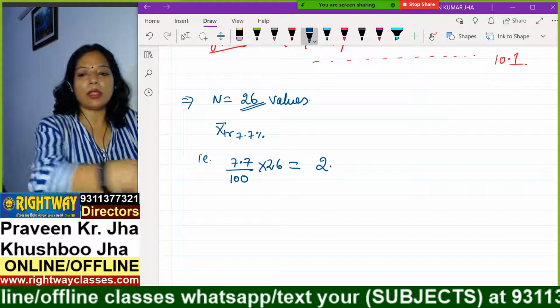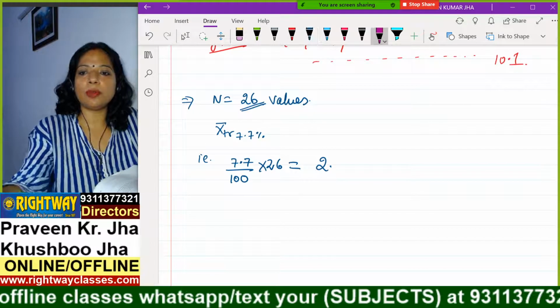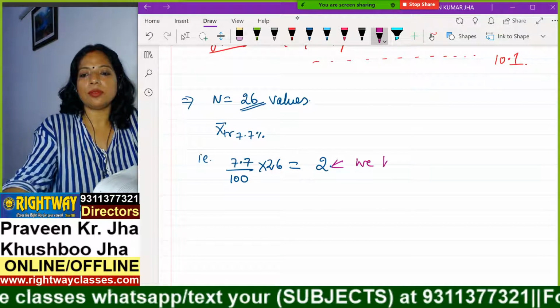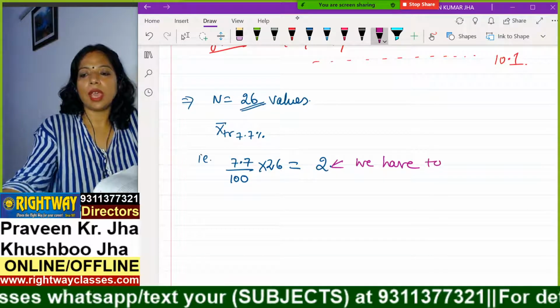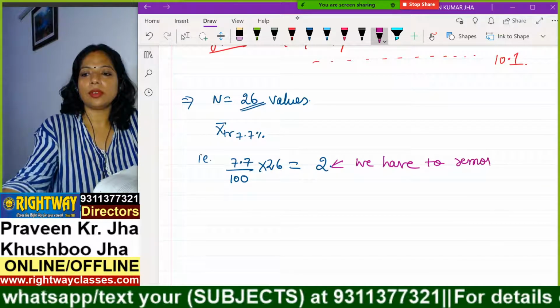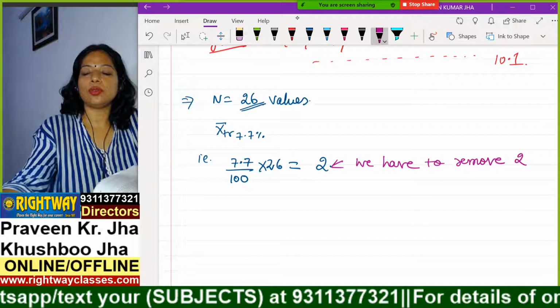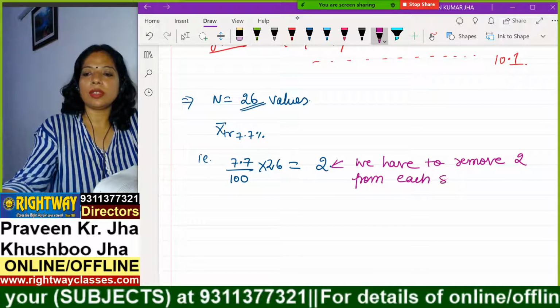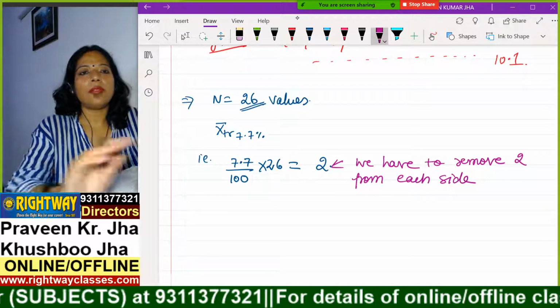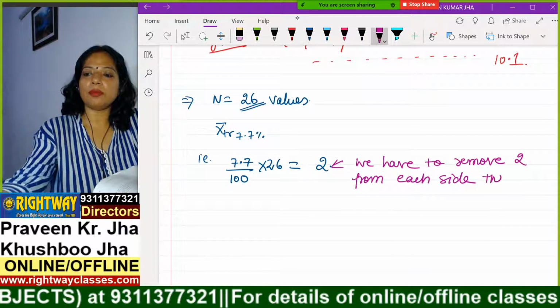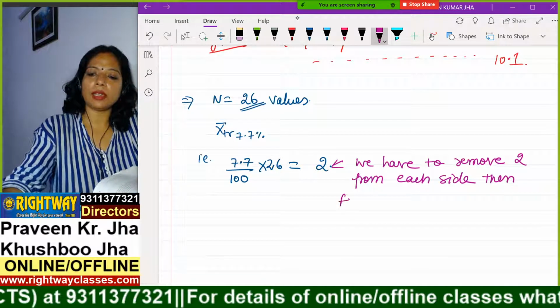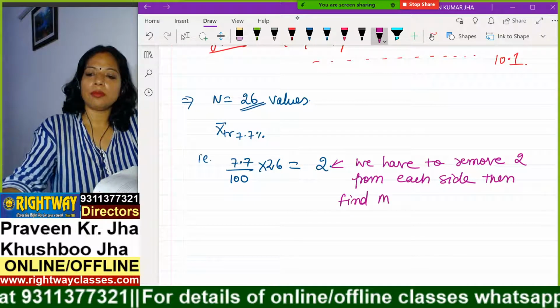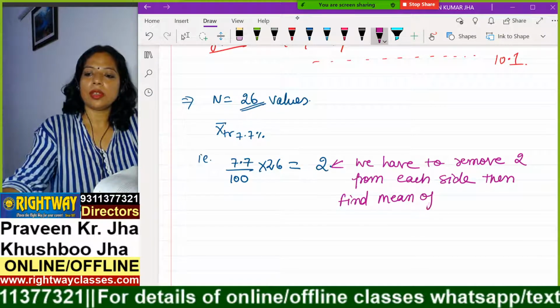That means this 2 means we have to remove 2 from each side. We will remove and then find the mean of the rest of the values.